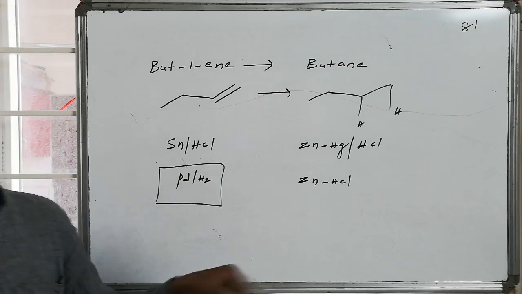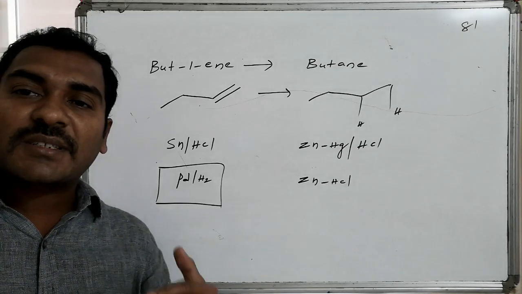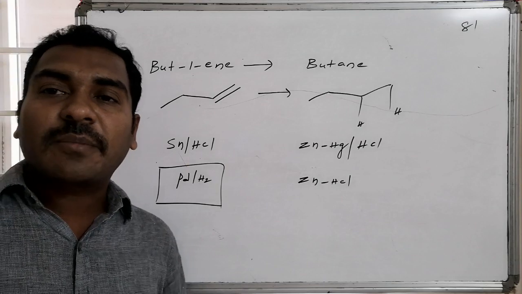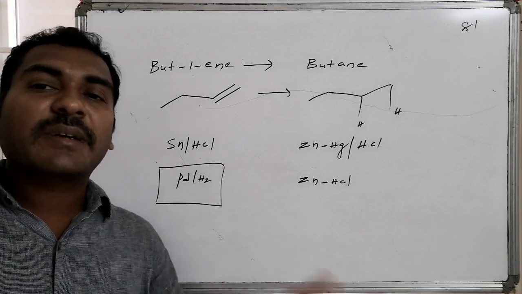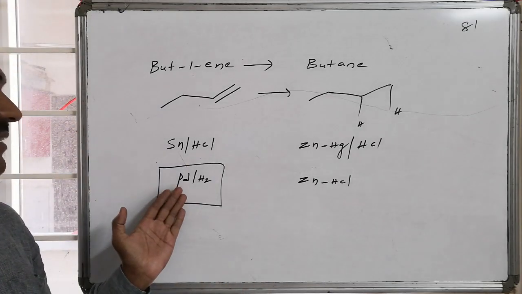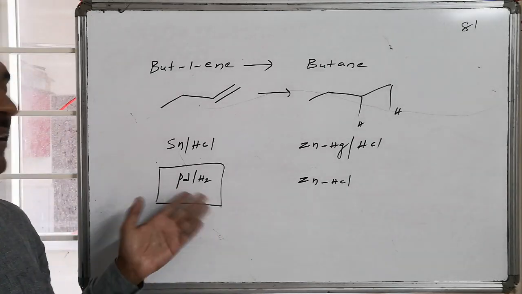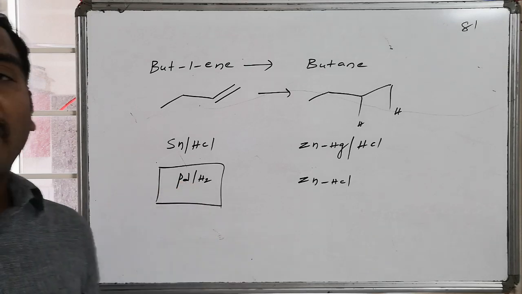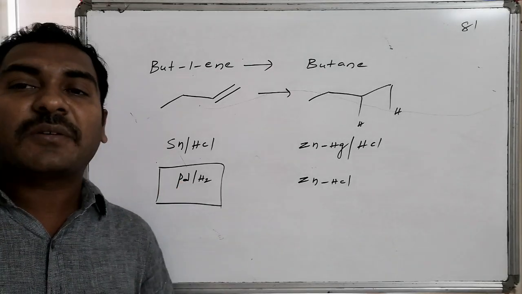Hence, the most suitable reagents for the conversion of homo-unsaturations like carbon-carbon double bonds and carbon-carbon triple bonds to carbon-carbon single bonds are from the Sabatier-Senderens reaction: nickel followed by hydrogen, Raney nickel followed by hydrogen, palladium followed by hydrogen, or platinum followed by hydrogen.